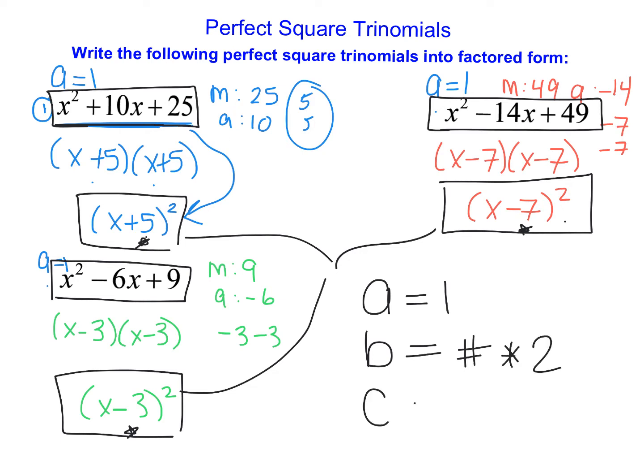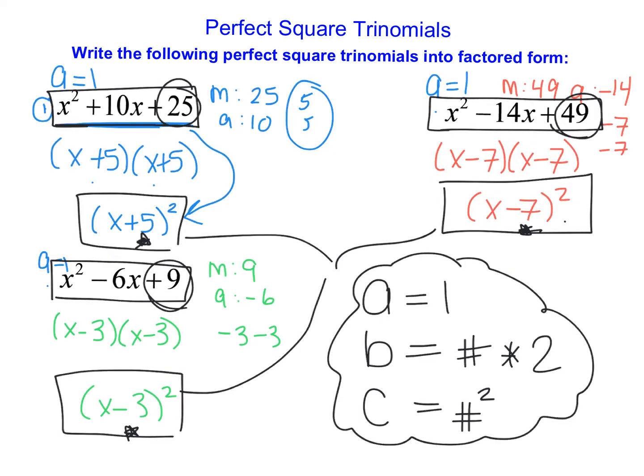And then our c value is that number squared. 5 squared is 25, negative 7 squared is 49, and negative 3 squared is 9. So we're going to use this pattern, where a is always 1, b is that number times 2, and c is that number squared, in order to write items as a perfect square trinomial.